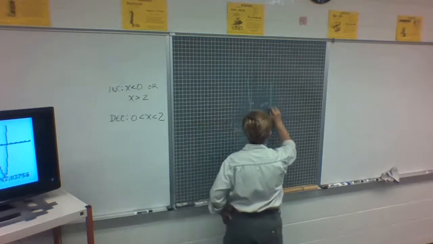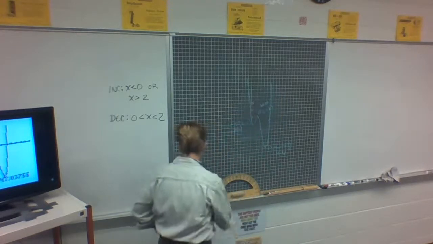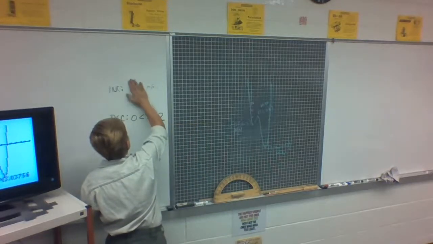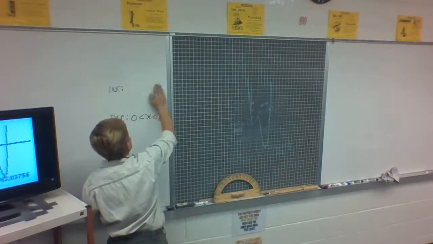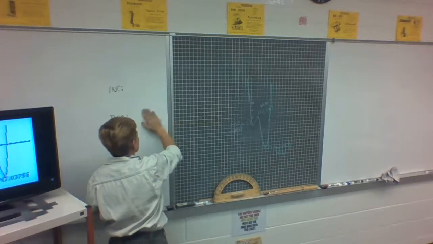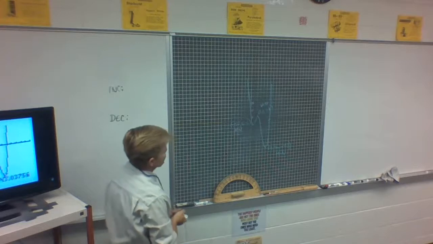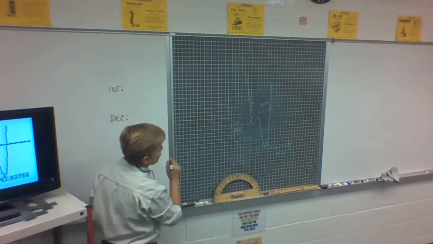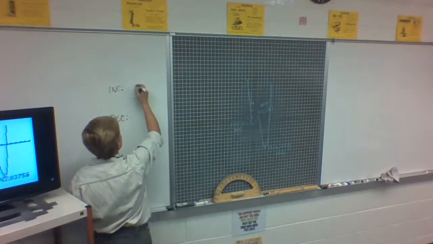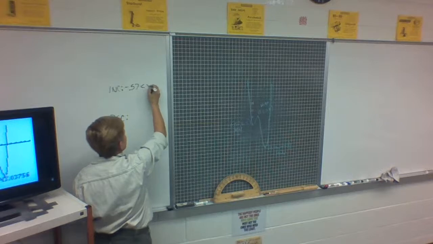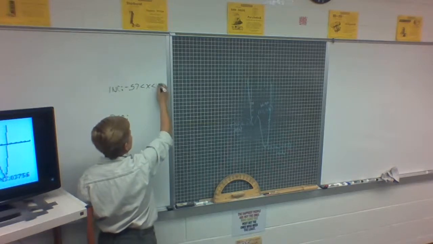It's 5.1. Fix that. Where is it increasing? If you have those points on there, you can tell and use those points that you already have written on the graph. It's increasing from x equals negative 0.57 to x equals 1.1.